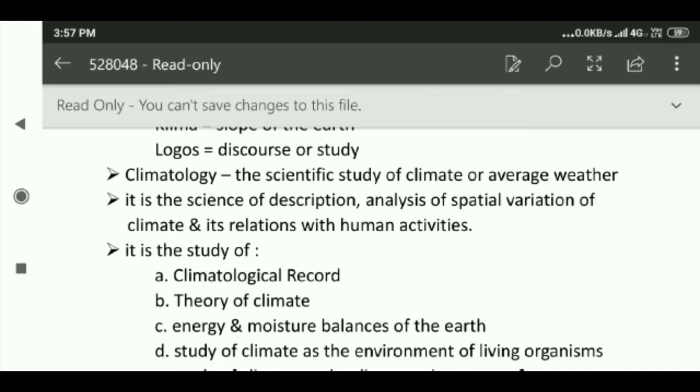It includes the scientific study of climate. The aim of climatology is to discover, explain and exploit for the benefit of man.